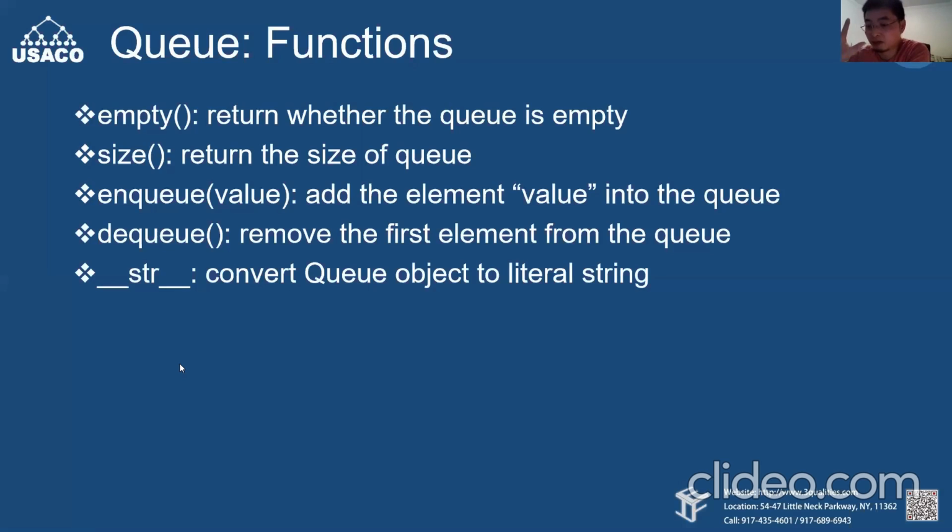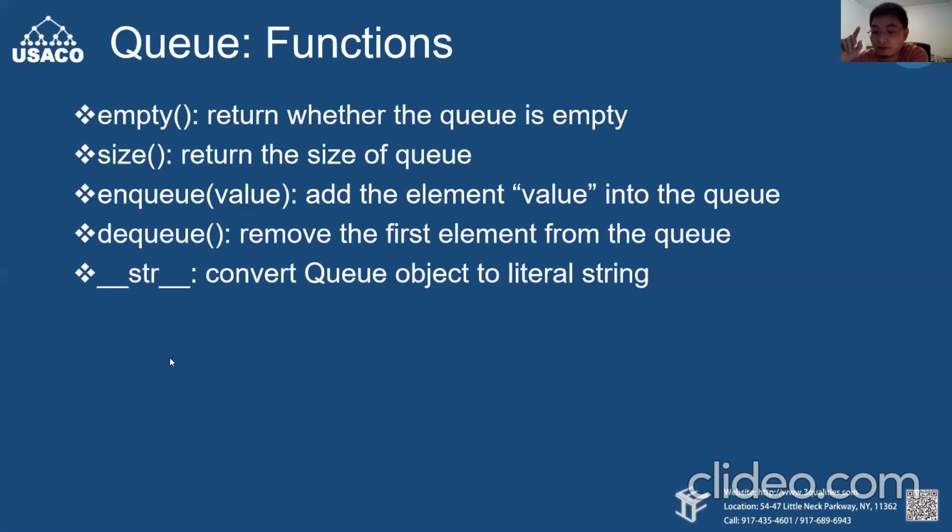Enqueue means push something into the queue, which is why it takes a value as a parameter. Again, the value here is a literal value, not a node value, so be careful about that. And dequeue doesn't have any parameter. It basically removes the first element from the queue.